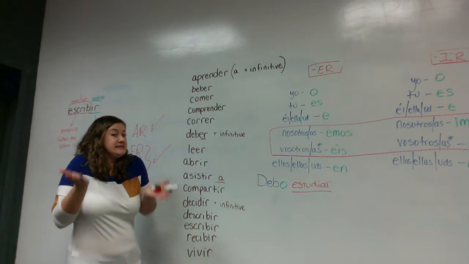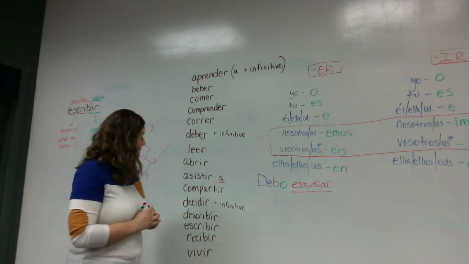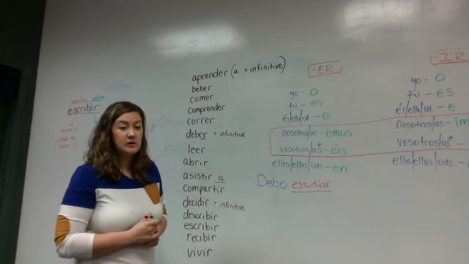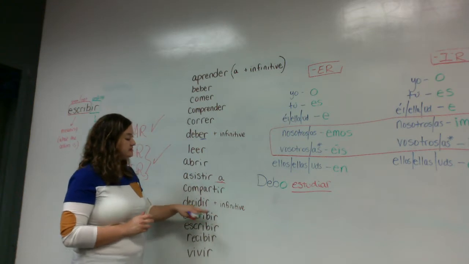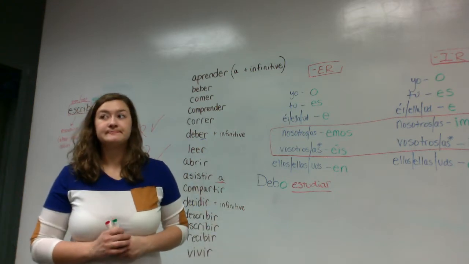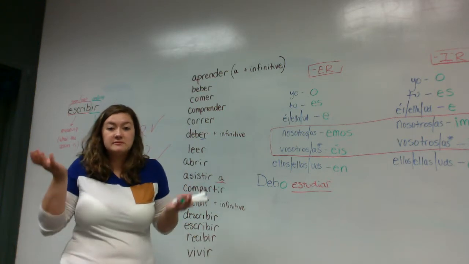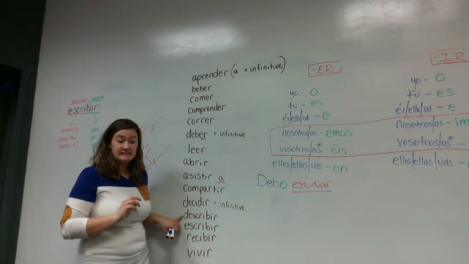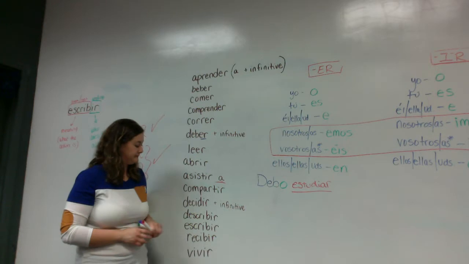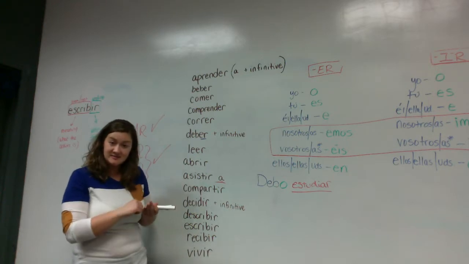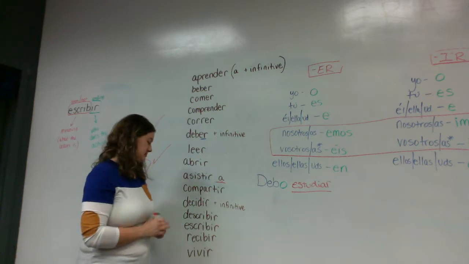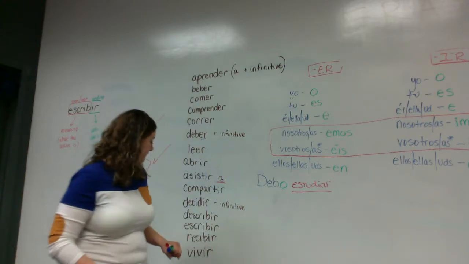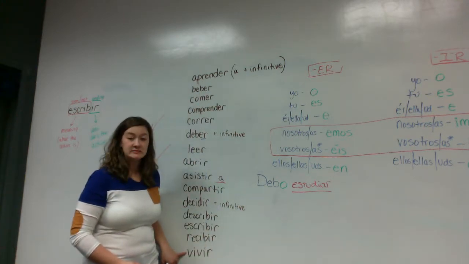Decidir, to decide. And it's going to go with an infinitive. So decidir hablar, I decide to speak. Describir, to describe. Escribir, to write. Recibir, to receive. Vivir, to live.